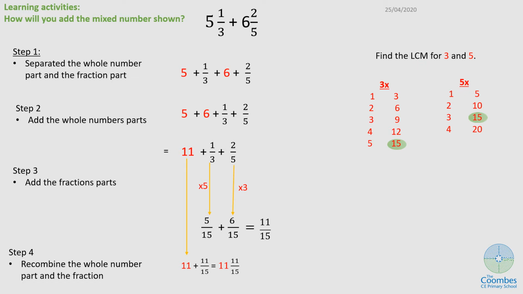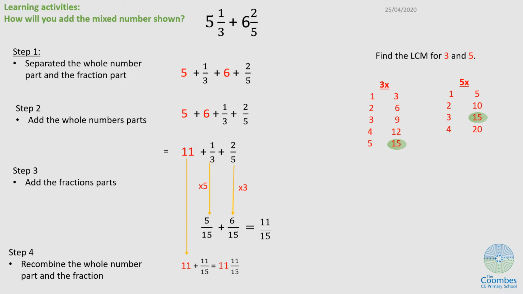So I'm going to use 15 as my denominator for adding these fractions. So I'm going to write the 15 as my common denominator for both. Now I'll ask myself, what will I times 3 by to get 15?